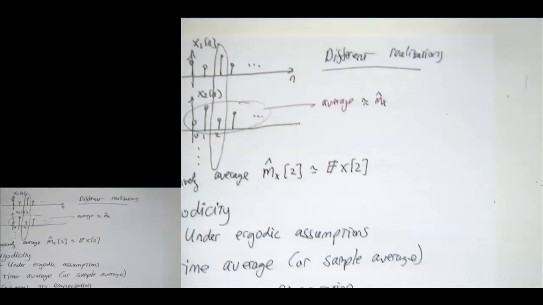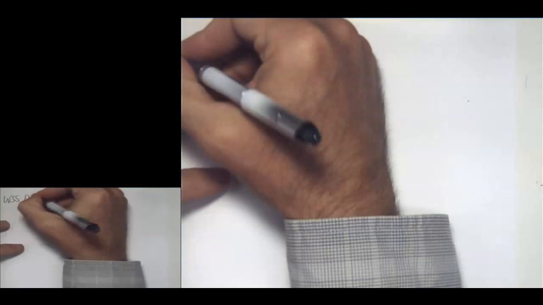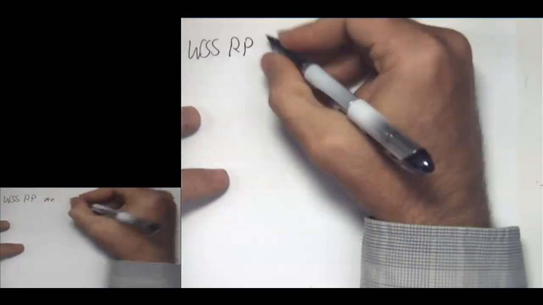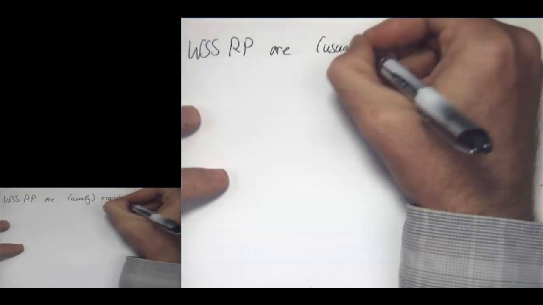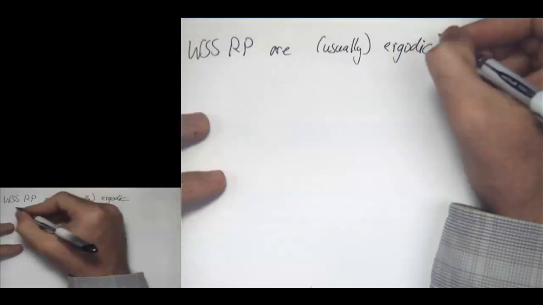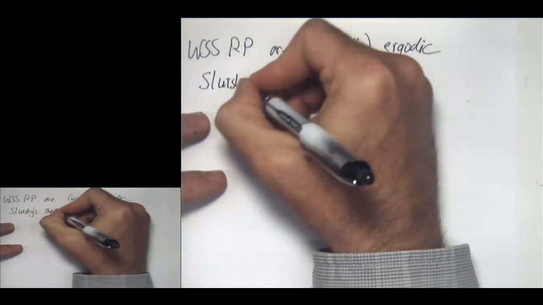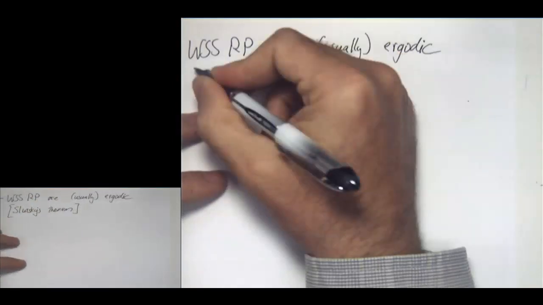Now the connection to wide-sense stationary random processes is as follows. It turns out that wide-sense stationary random processes are usually ergodic. The exact conditions are given in the book. It comes from something called Slutsky's theorem, which tells you the exact conditions.